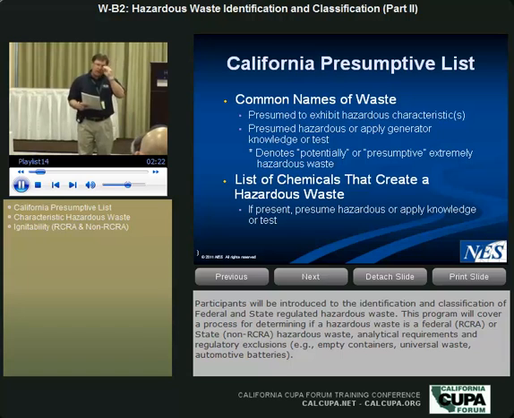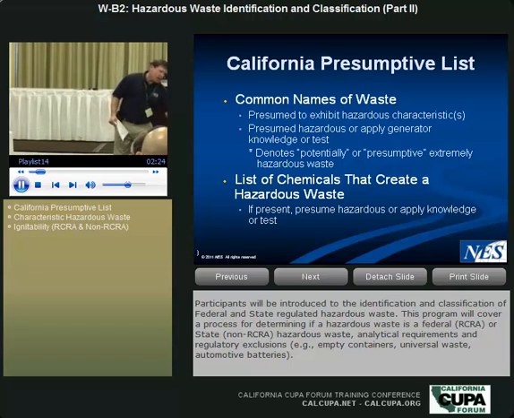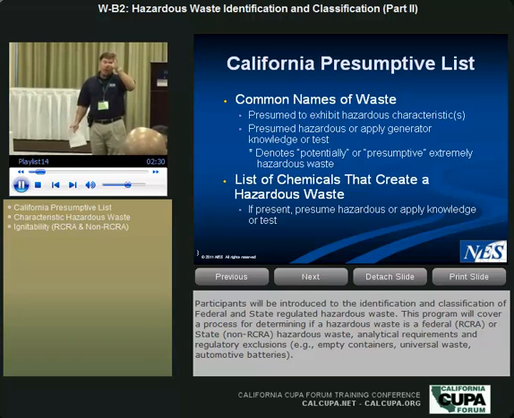So if it's not corrosive, is it not then a hazardous waste in the state of California? And the answer is not necessarily. You really have to look at all the characteristics. Even though it's listed for being corrosive and it doesn't exhibit a corrosive characteristic, you still have to make certain it doesn't exhibit any other characteristic. And if it exhibits no other characteristic, then it's not a hazardous waste according to the California criteria.